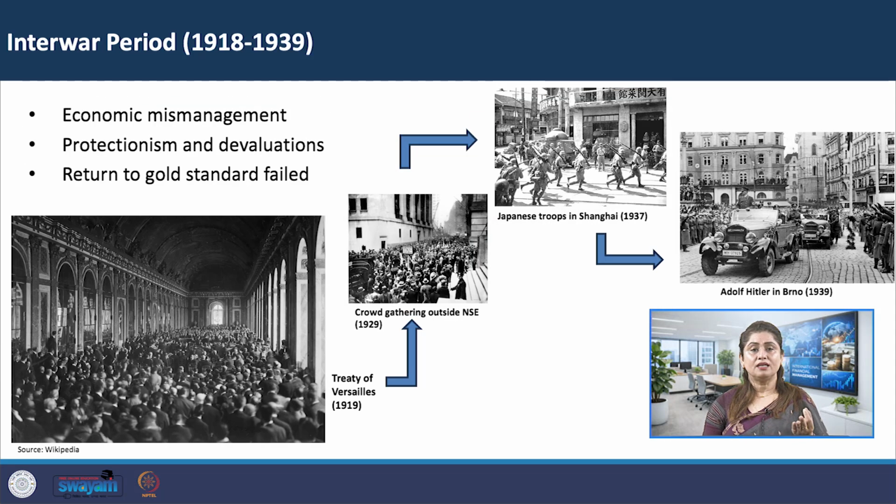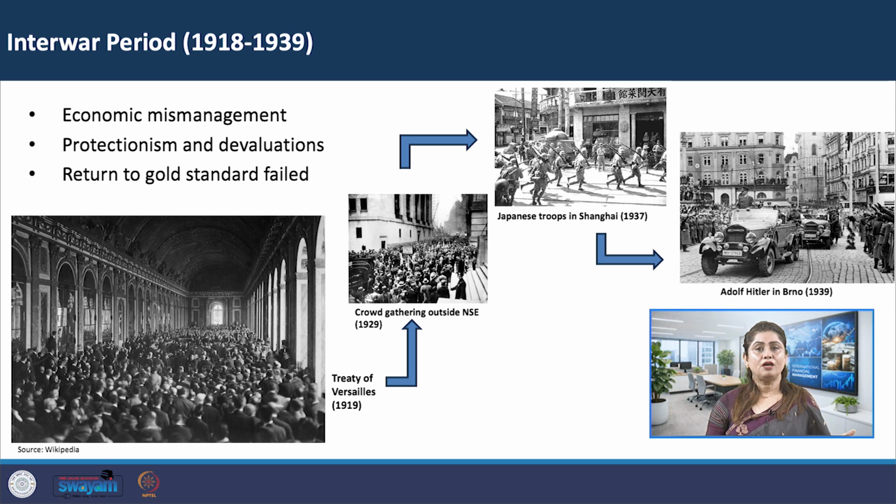Now comes the interwar period, which means the period between the First and the Second World War, that is 1918 to 1939. It was marked by economic mismanagement, protectionism, and competitive currency devaluation. During this time, many countries tried to go back to the gold standard.